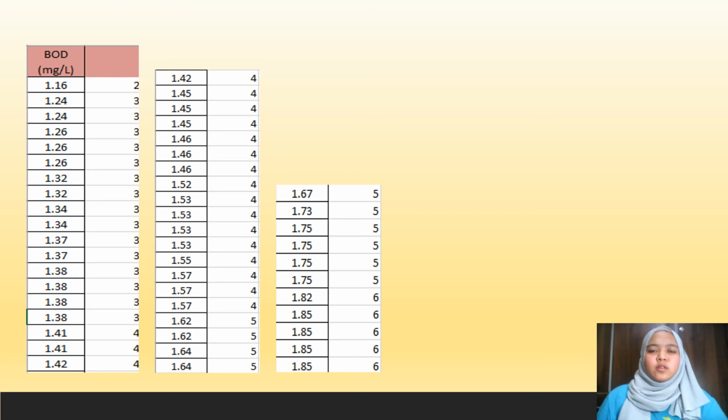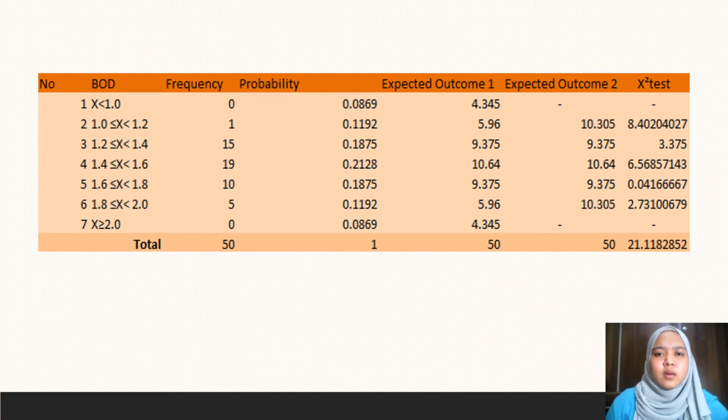This is the 50 data that we collect from the random data that we get from the question given. Now we do the table containing BOD data. We calculate frequency from the 50 data that we generate.